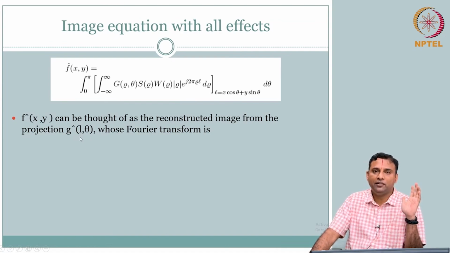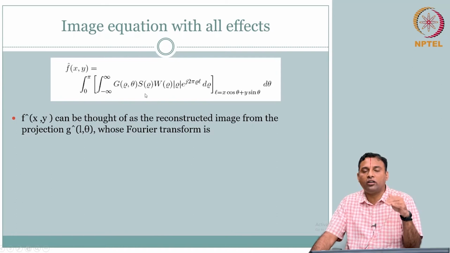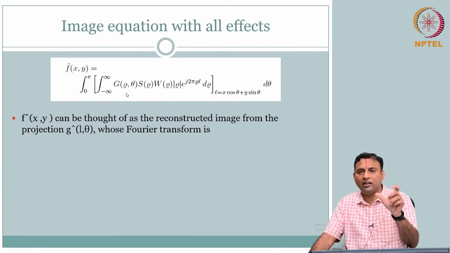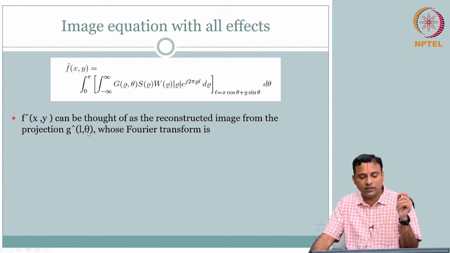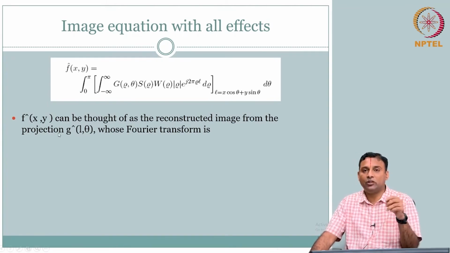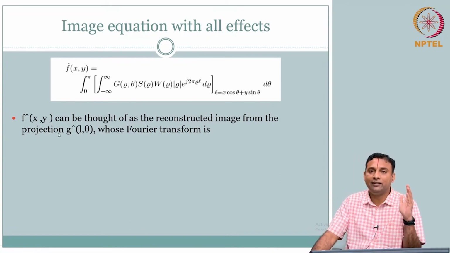That's the key. We have been talking about back projection, right? But now we are saying, oh, it's not back projection. That projection, the data that you got, that projection itself is an estimate. So g of L comma theta was ideal, we said, when we developed the formulation.